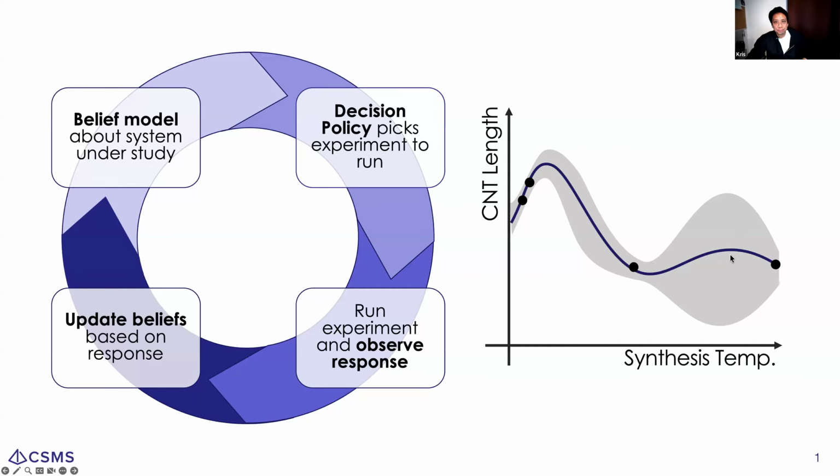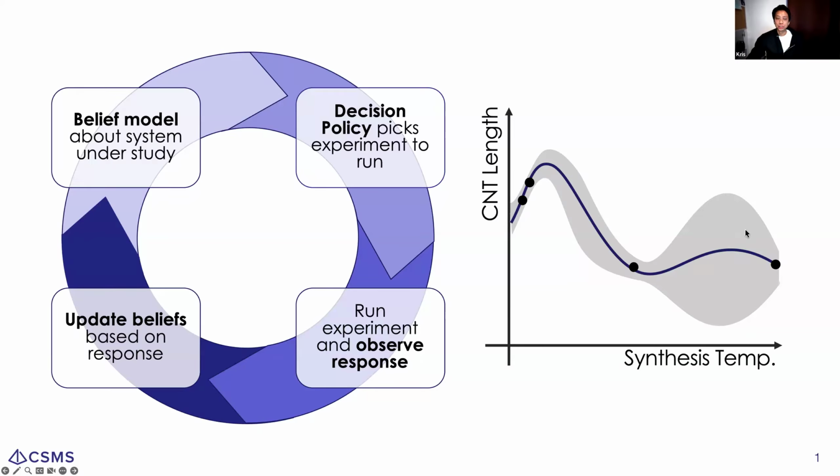But in this region, if we're overall concerned with optimizing, say, maximizing carbon nanotube length, a good policy wouldn't pick this region either because it's very unlikely that any data points in this region would be large, compared to what we already know.